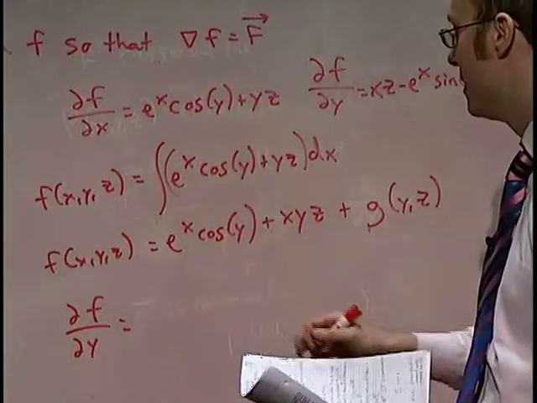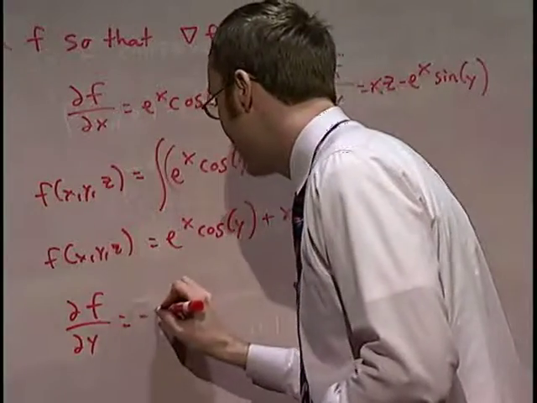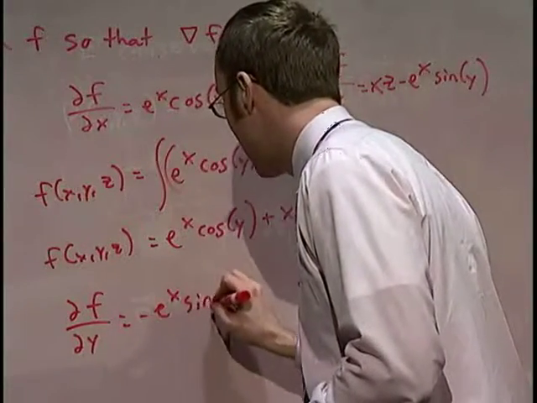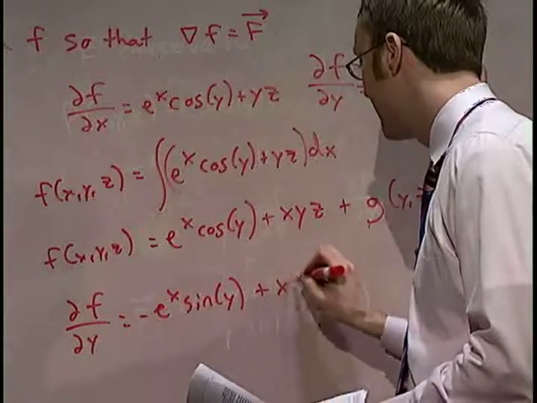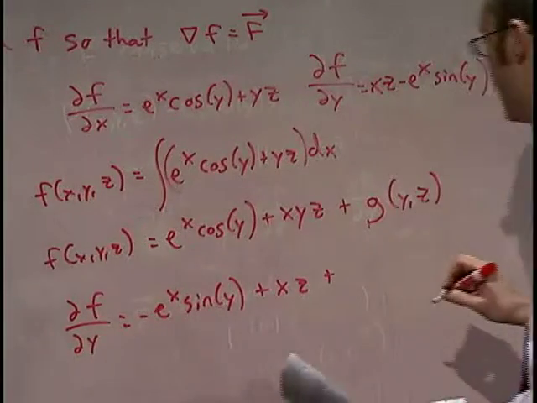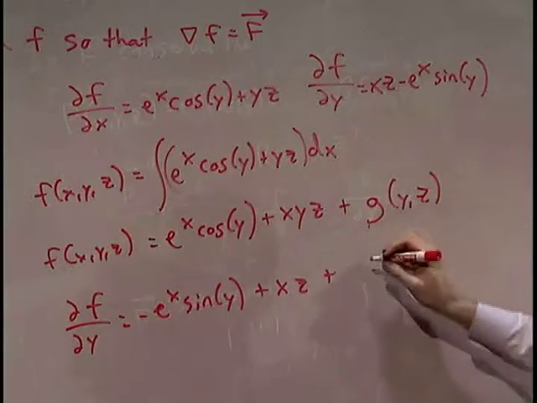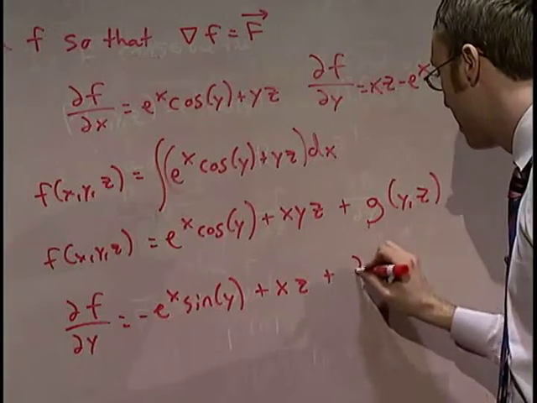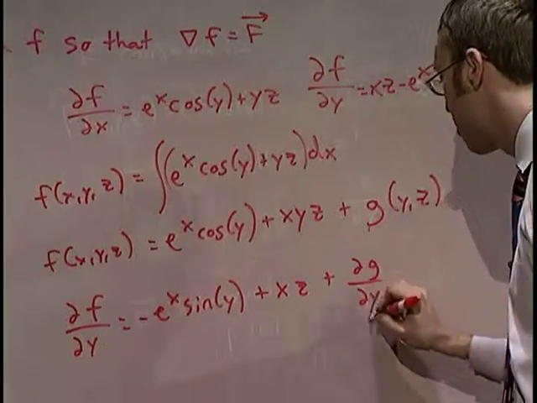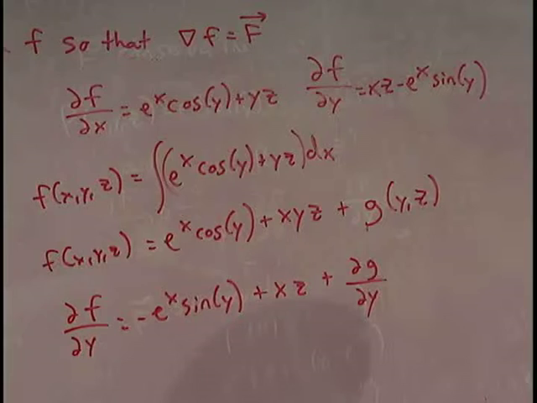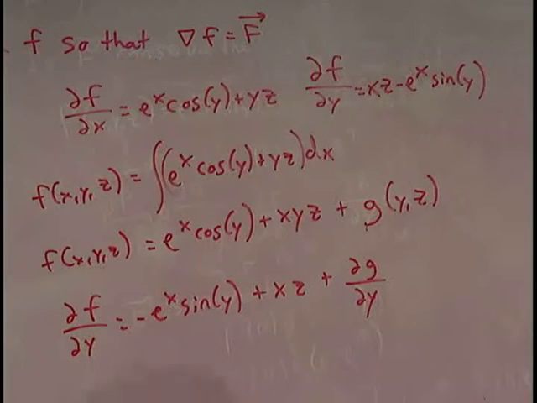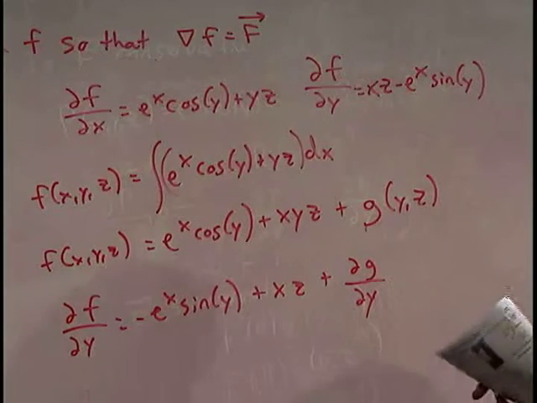On the right-hand side, we have negative e to the x sine y plus xz. And then over here, we have partial g partial y.